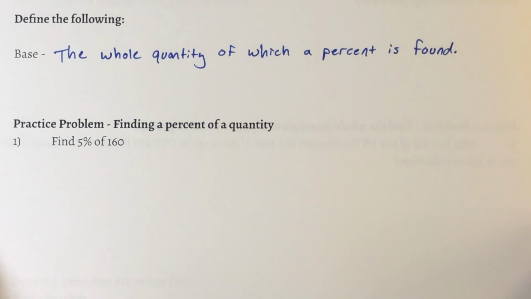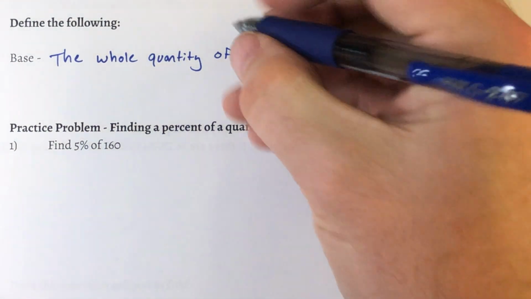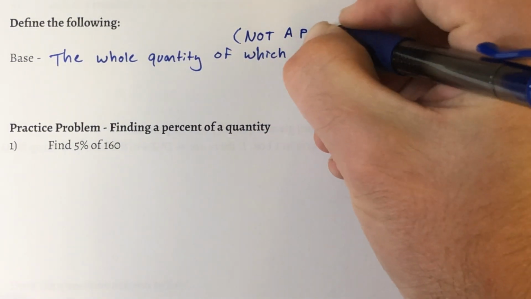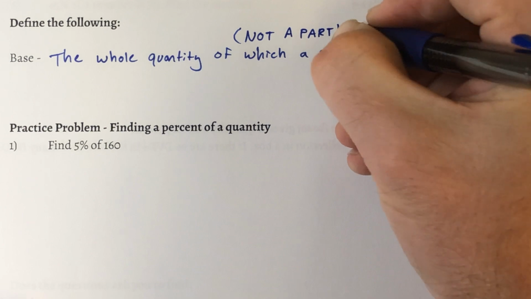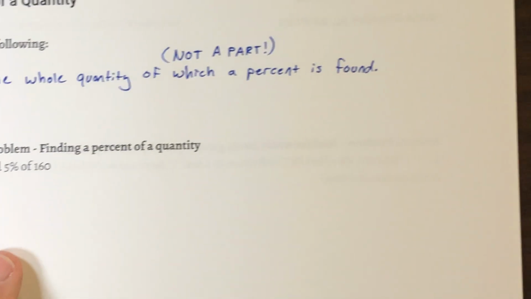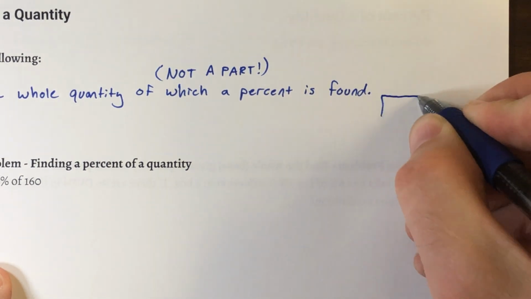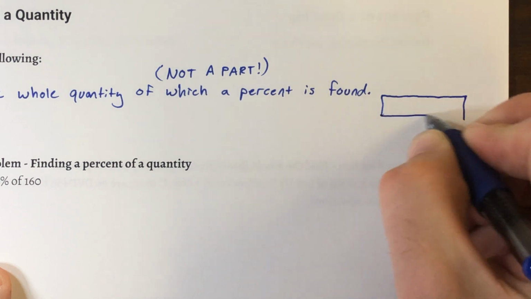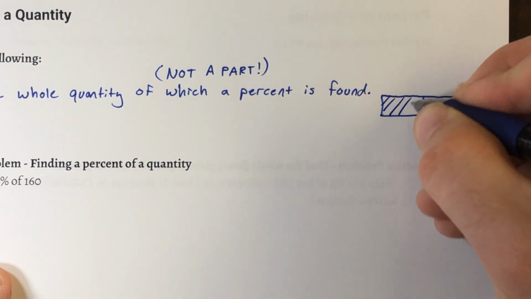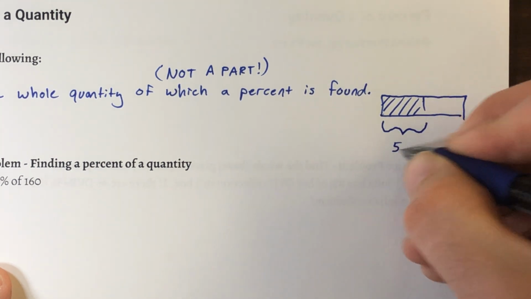One important thing to note about a base, it does not represent a part. So, not a part, it's a whole, everything. So if I were to draw a bar to represent this, and I shaded 50%, meaning half of it, this would be 50%.